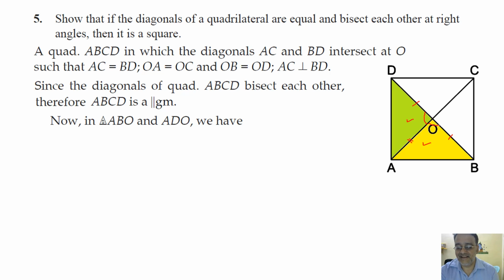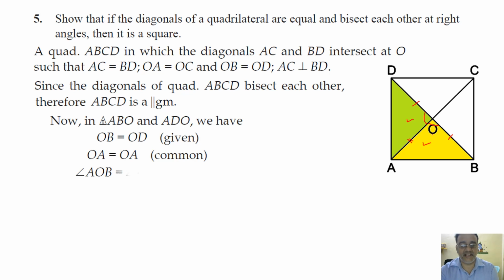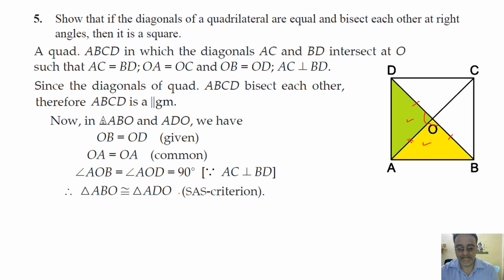Why? Each 90 degree because AC is perpendicular to BD, right? So these two triangles are congruent by which criteria? SAS rule. Very good, SAS criteria. So this will imply AB is equal to AD by CPCD.